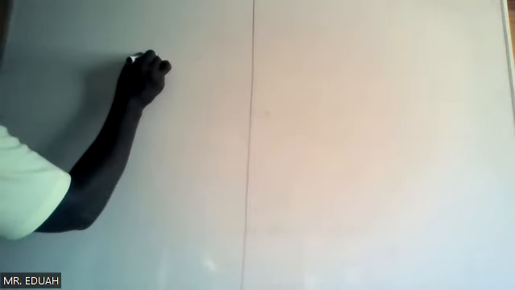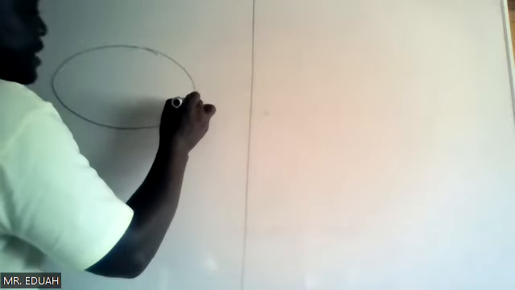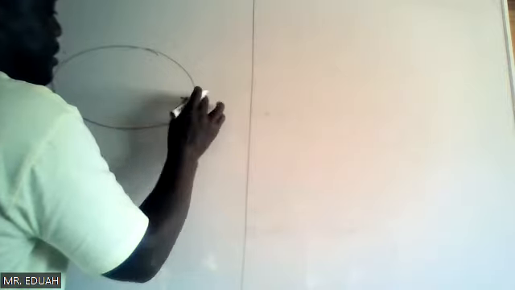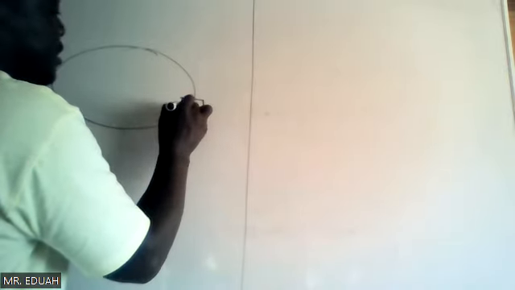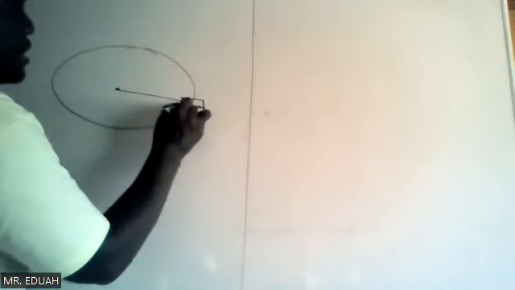So in the first one, we see the car moving flat within the circular path. If there is a circle, there's the center of it.